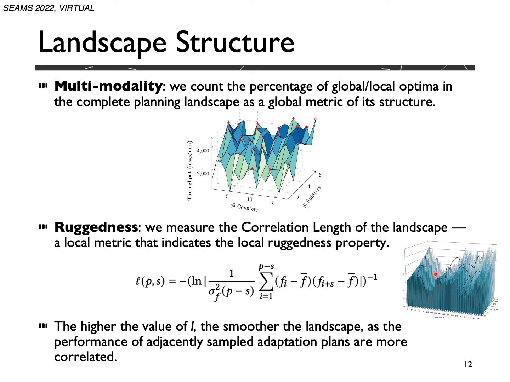We perform a random walk, collect some points, and calculate the correlation between the performance of these points, so that we have a general idea about what shape these points form. The higher the value of the correlation length, the smoother the landscape, and vice versa.